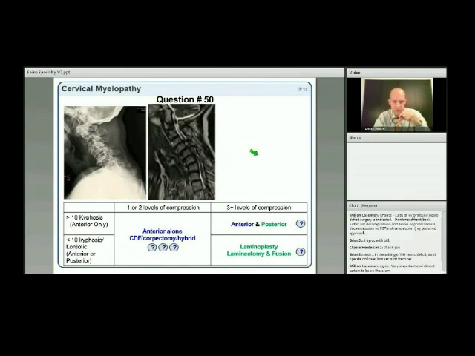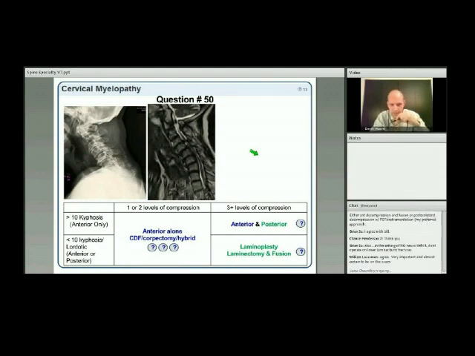Whenever you think of cervical myelopathy and treatment of cervical myelopathy, you just want to ask two questions. The first question: is the patient kyphotic? And the second question: how many levels of compression are there? They like to ask these cervical myelopathy treatment questions, and they usually give several answers. One answer is either going to be an anterior alone procedure.